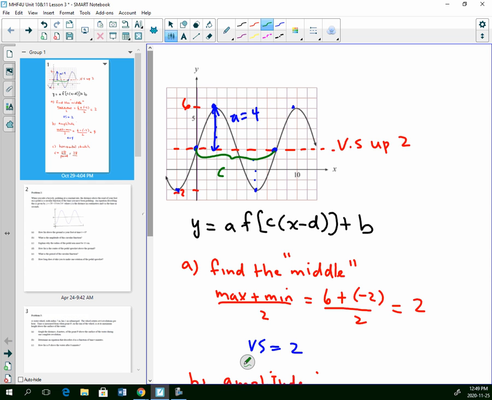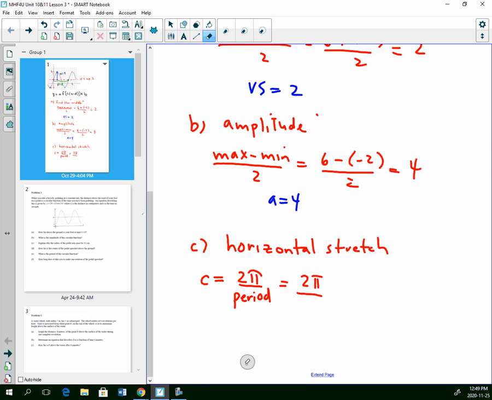I'll just put period equals 8. And then we would reduce that to pi over 4. So that's my C value, and that's the value that goes in the equation. The 8 is not the number that goes in the equation, it's the transformation, which is C.